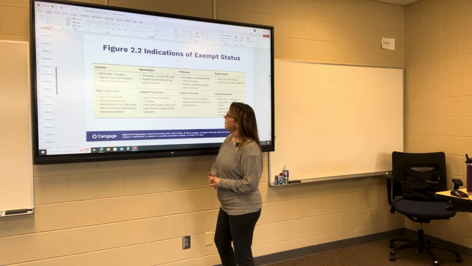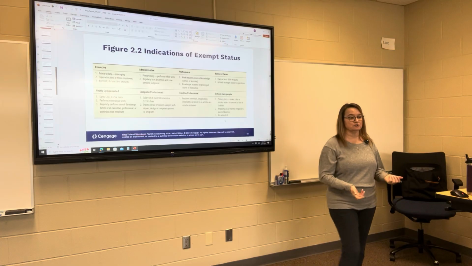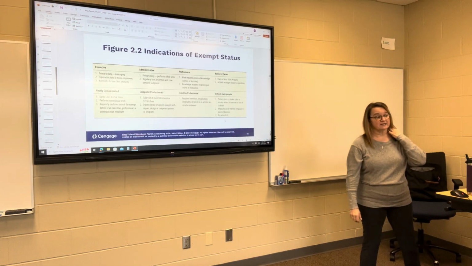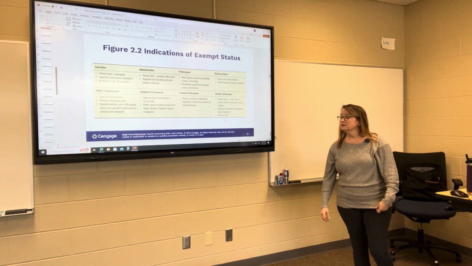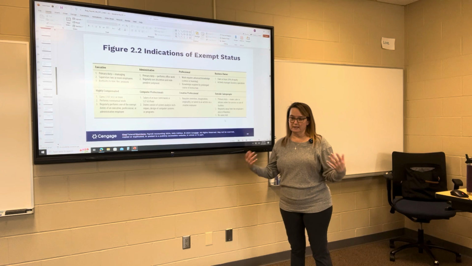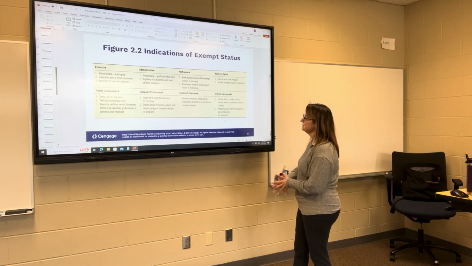Administrative. Primary duty would be office work, and they regularly use their discretion and independent judgment. So a lot of bookkeepers could be classified as exempt employees. That's a pretty broad range, any type of administrative type position, secretarial, that sort of stuff.